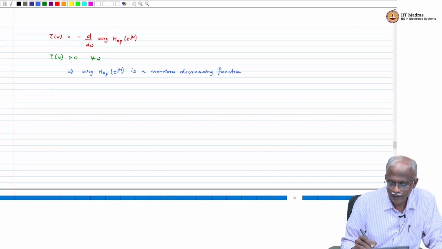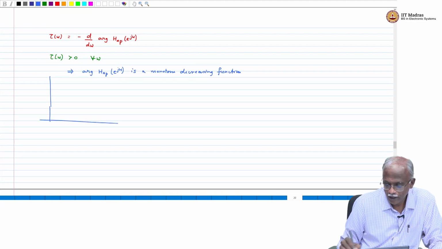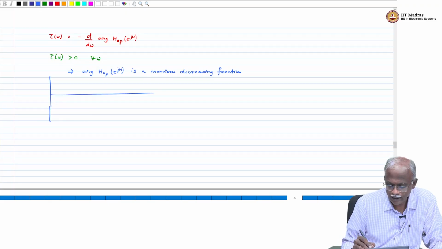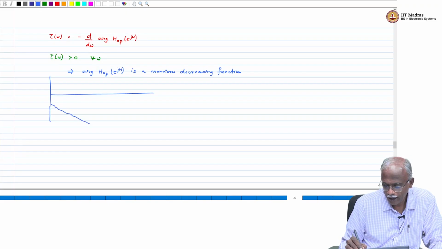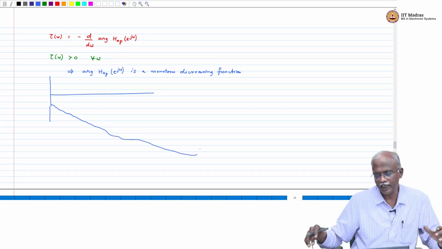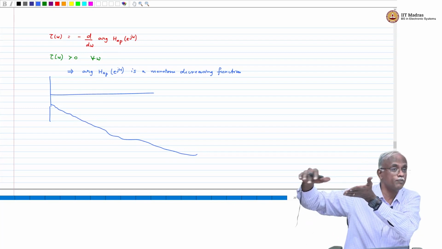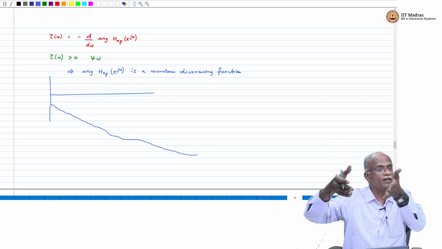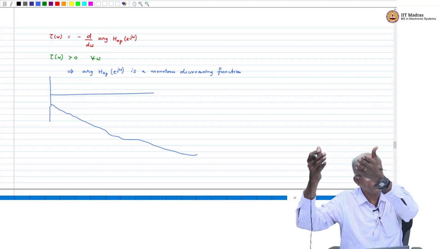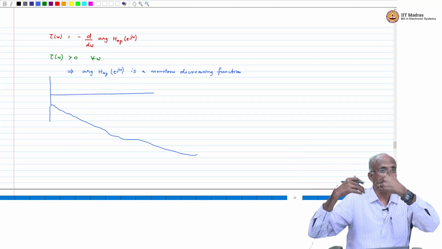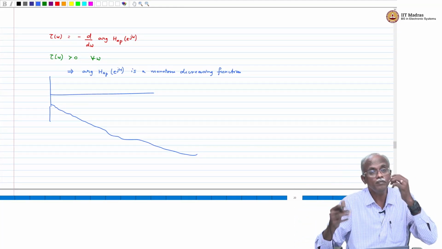Okay, what do we mean by that? If you plot the response of an all-pass function, let's say it starts somewhere. It has to be decreasing all the time, right? It can decrease less, decrease more, but it cannot stay flat, because if it stays flat, the slope will become zero in that region, and the group delay will become 0.